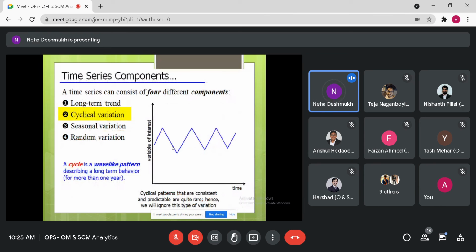Cyclic is a wave-like pattern describing long-term behavior for more than 1 year. Cyclic patterns that are consistent and predictable are quite rare. Hence, we will ignore this type of variation. Such variation is there in the data. What should be my prediction for this?